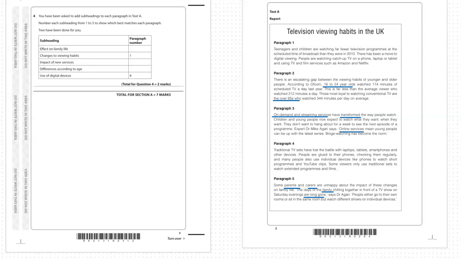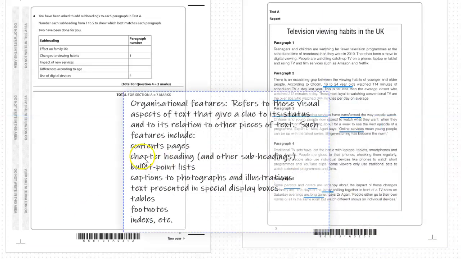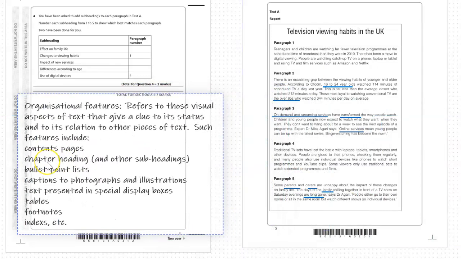Okay, so let's have a look at the question, but let's put it into context with the standards set for reformed. So one of the standards is organisation features. So these refer to those visual aspects of text that give a clue to its status and its relation to other pieces of text.